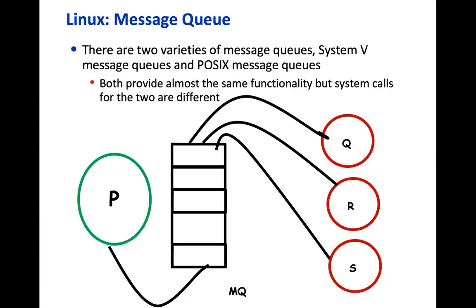So we'll not go into that level of detail, how this will be done, whether it's blocked or unblocked. For example, when process P sends a message in the queue, until it is received, it can be blocked. Similarly, if S wants to read from this queue and there is no message available, it's empty, then it may also get blocked.